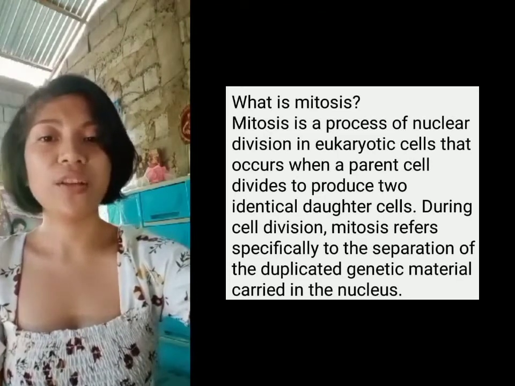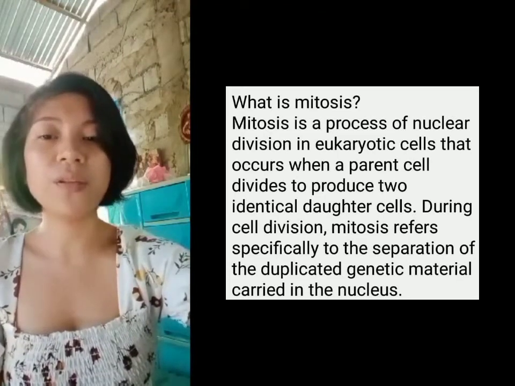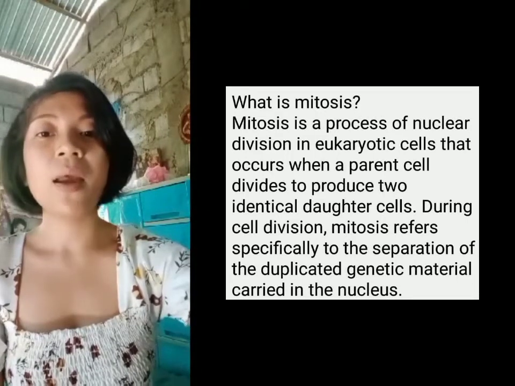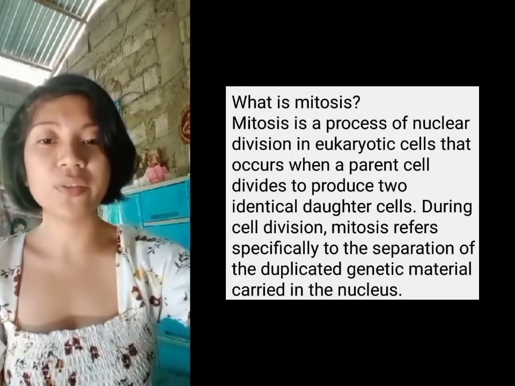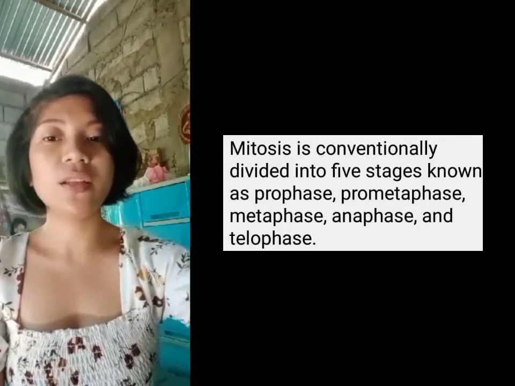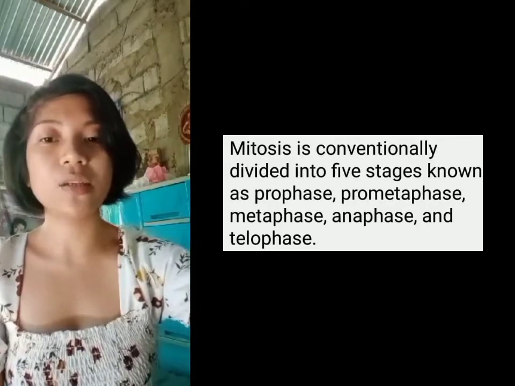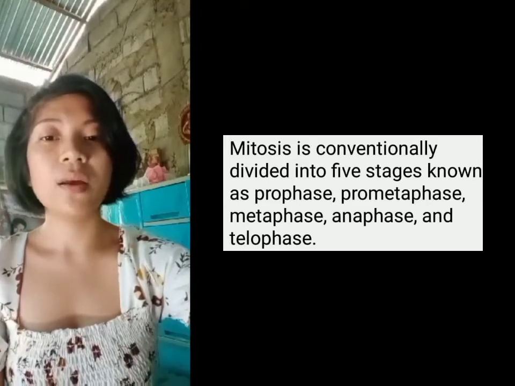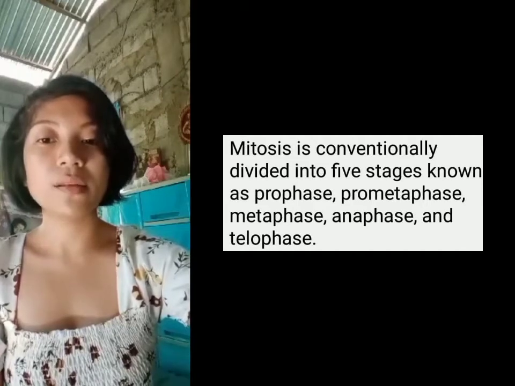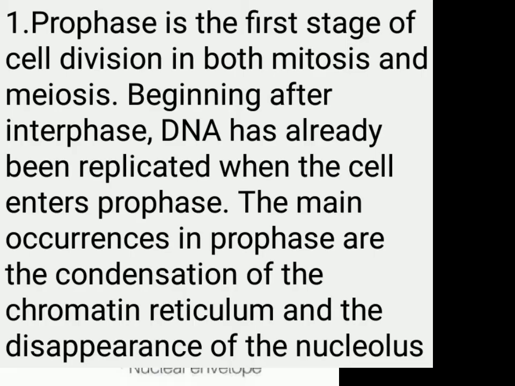During cell division, mitosis refers specifically to the separation of the duplicated genetic material carried in the nucleus. Mitosis is conventionally divided into 5 stages known as Prophase, Prometaphase, Metaphase, Anaphase, and Telophase.